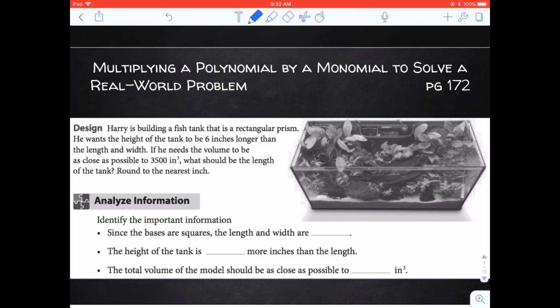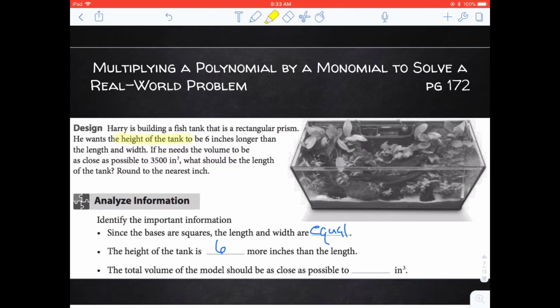So let's analyze first and see what we're actually given. Since the bases are square, the length and width are equal. And then the height of the tank is 6 more.